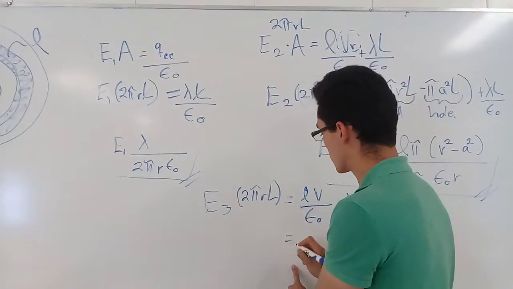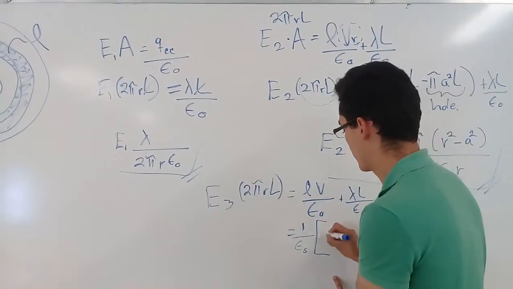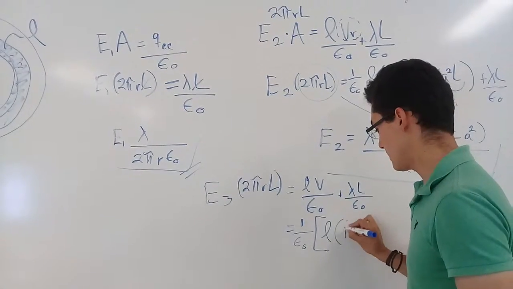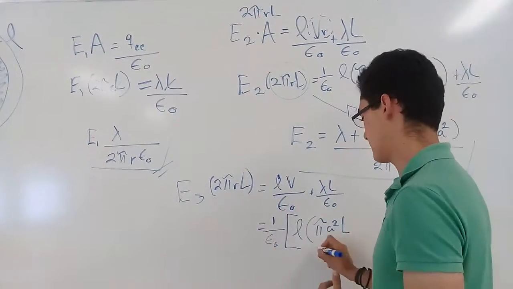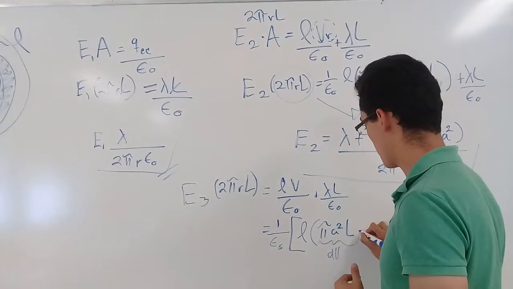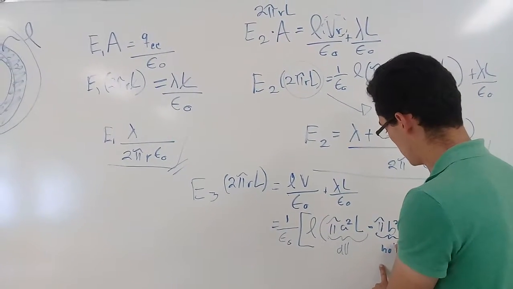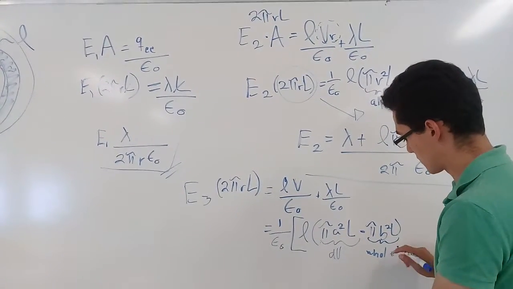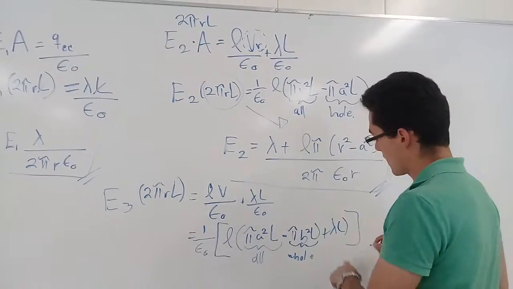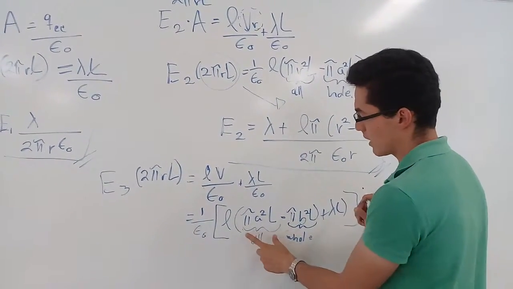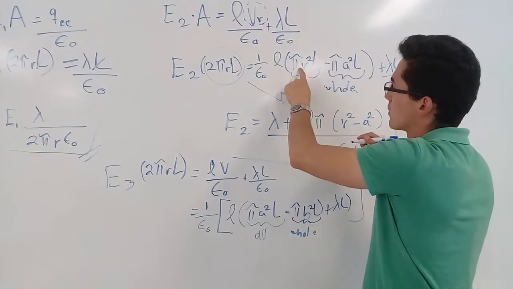And this will be equal to 1 divided by the constant, and this all multiplied by our density times pi b squared L minus pi a squared L. Here we are using a because it's the internal radius, this is using the whole cylinder, and this plus lambda L. And this way we are not just only obtaining one part of the cylinder, as here we wrote r because we are using only one part of the cylinder.